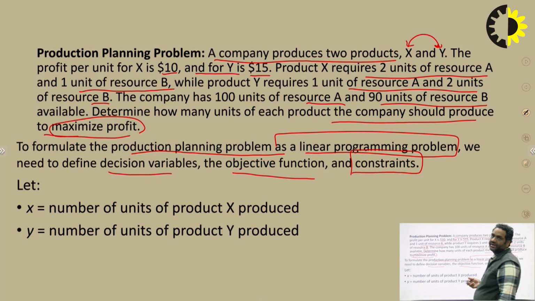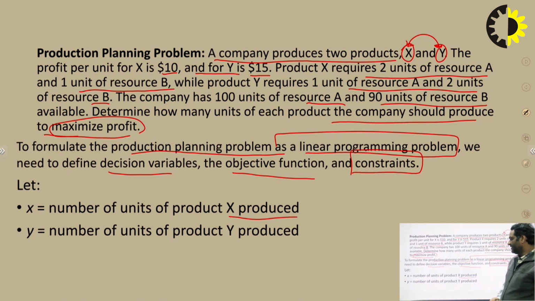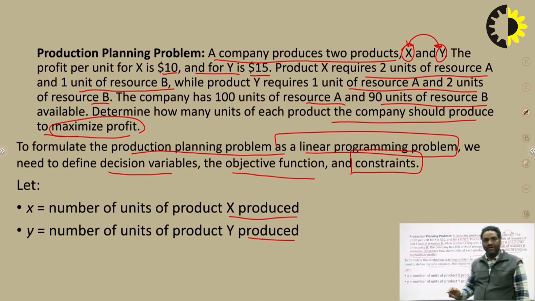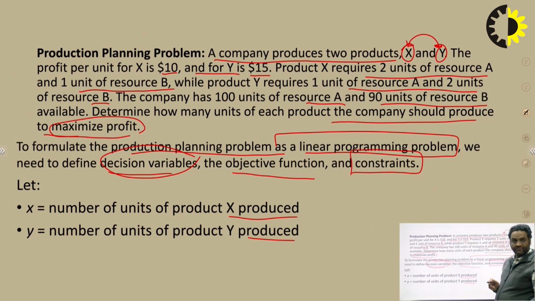Starting with the decision variables, we have two main variables, X and Y, which are the two products of the given problem. X is the number of units of product X produced, and Y is the number of units of product Y produced. These are our decision variables.